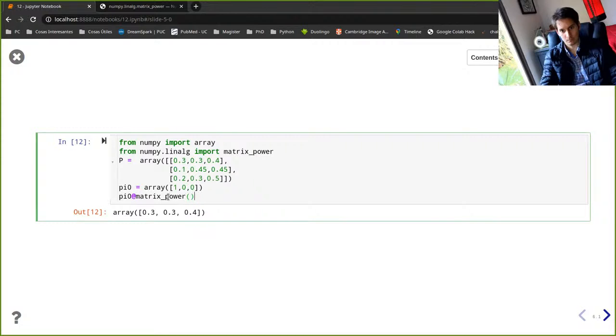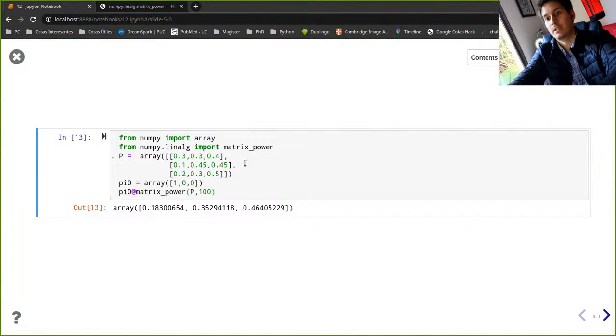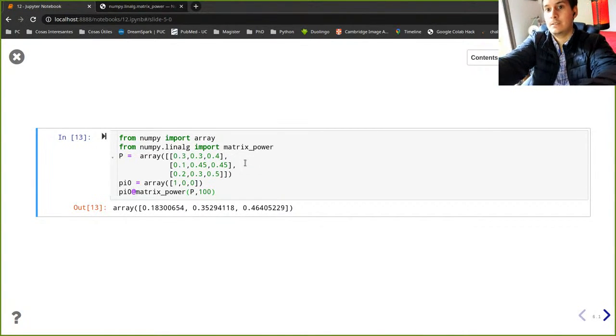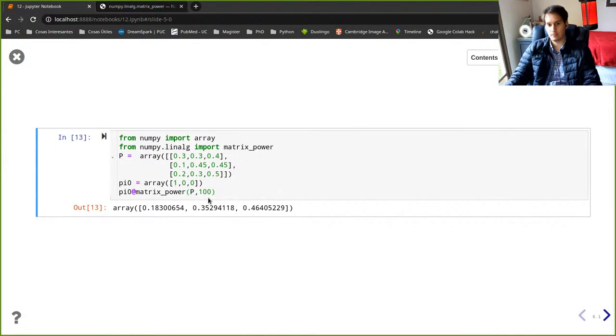Matrix power. Okay, so that makes more sense. Whoops, my camera slid. That's better. Yeah, that makes more sense.